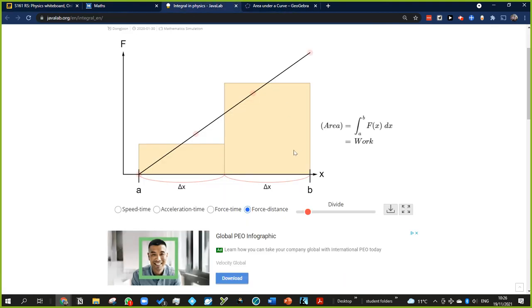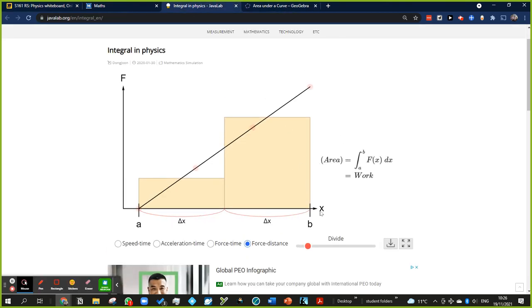Let's use this one because it actually is a force times extension graph. It says here the work is, this is a mathematical idea called integration, and it's just explaining it. You don't do integration in A-level physics, but you do use the principles.